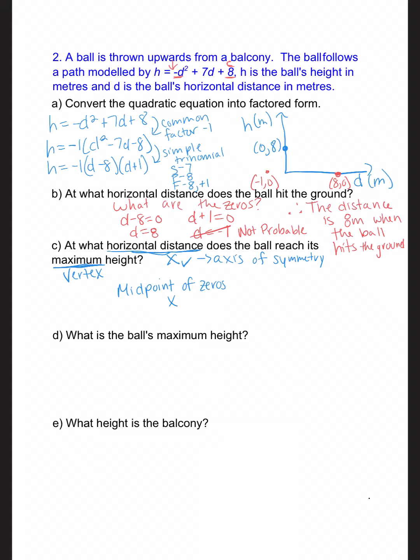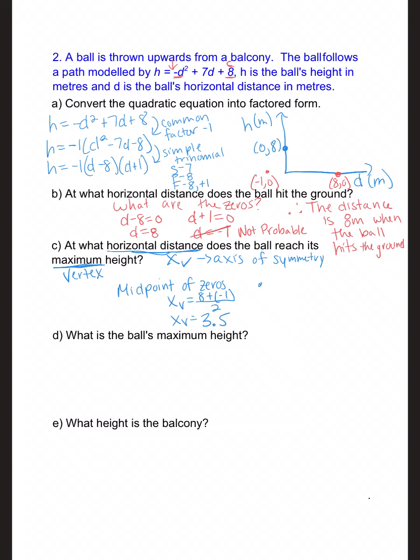Okay, so x of our vertex is going to equal (8 + -1) divided by 2. Okay, 8 plus -1 is 7. 7 divided by 2 is 3.5. We'll use a decimal for this.